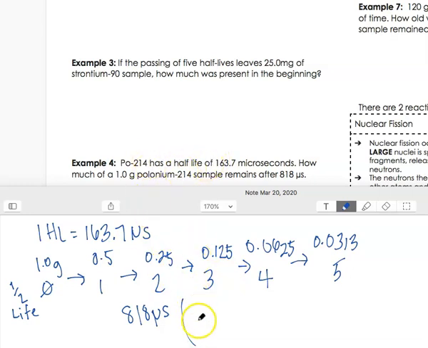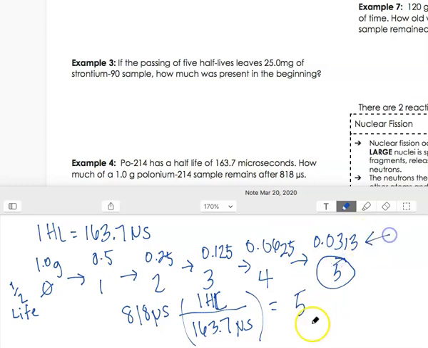And it says that 163.7 microseconds is the duration of one half-life. And when you do this, you get 5. So after 5 half-lives, it'll tell you how much will remain, which is that much. So that much of polonium will remain after 5 half-lives, which is, again, 818 microseconds.